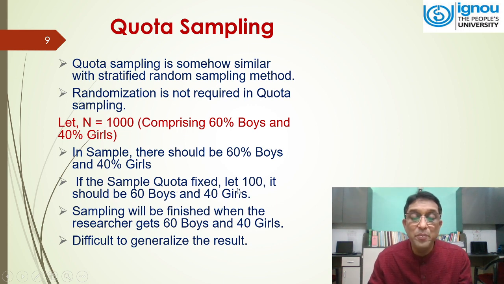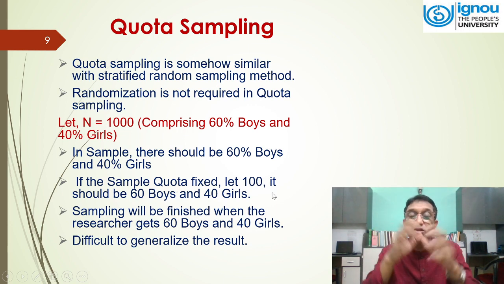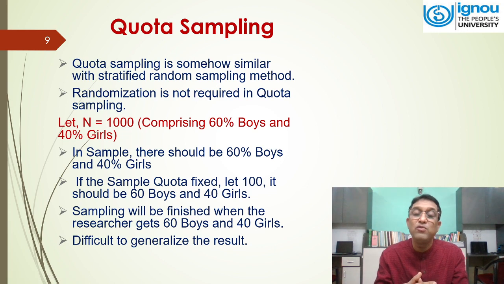If the sample quota is fixed, let it be 100. You fixed the quota that out of 1000, you have to select 100 as sample. 100 is here 10%. In quota sampling, you can specify a number.